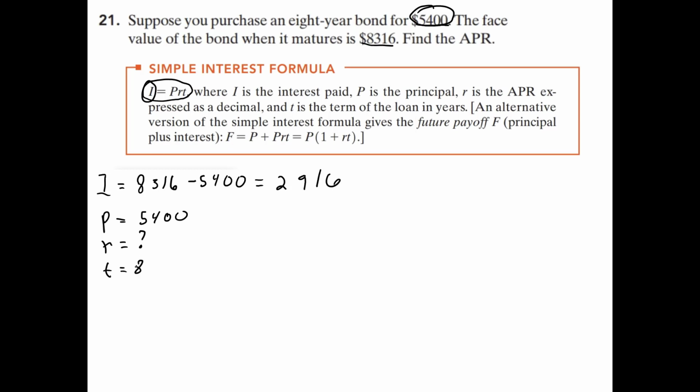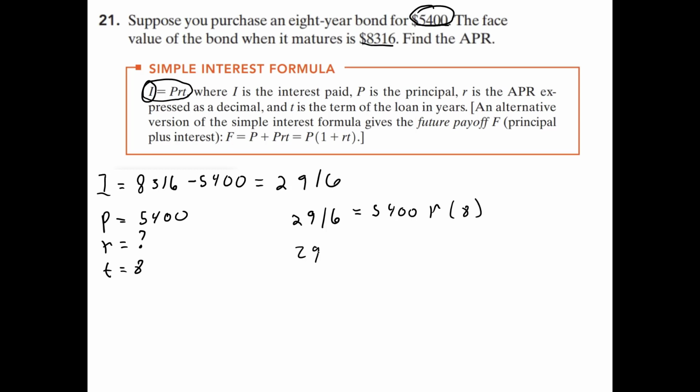Substituting all that information into this formula, we have $2,916 is equal to the principal, $5,400, times the rate, which we don't know, times the time, which was 8 years.